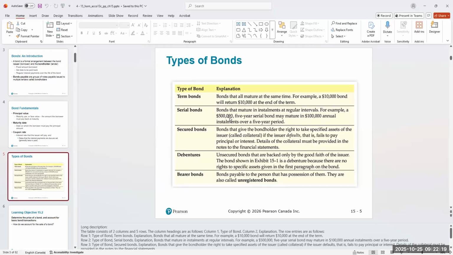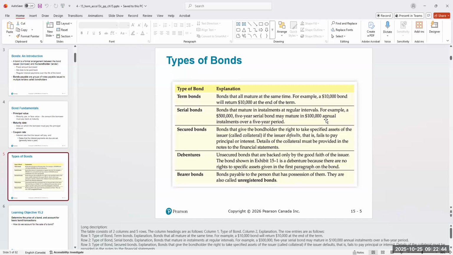So basically, if you borrow $500,000 on 5-year serial bonds which mature $100,000 annually, that means at the end of every year you have to pay $100,000. So the second year you have to pay another $100,000. The remaining balance is going to be $300,000.